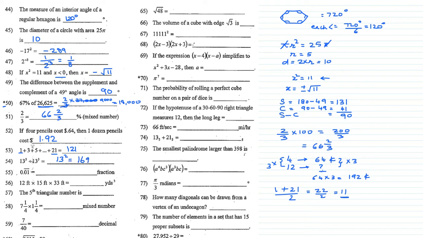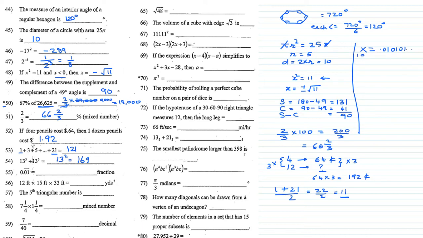Question 55. 0.01 with 0.01 recurring needs to be converted to a fraction. And again you have to do this mentally, but x is equal to 0.01, 01, 01 and so forth.